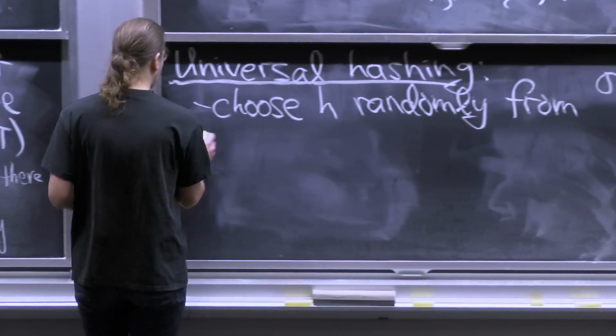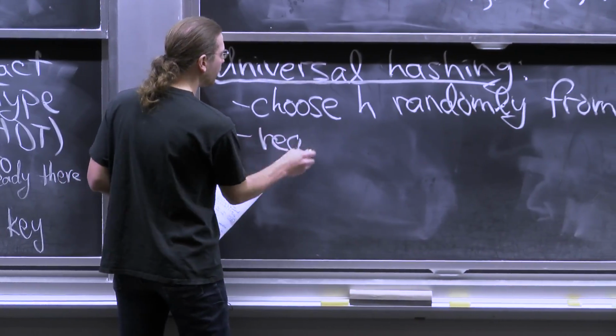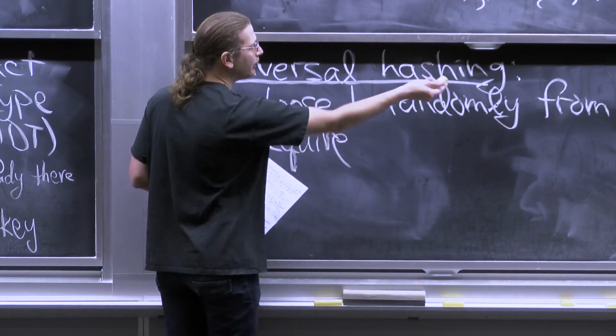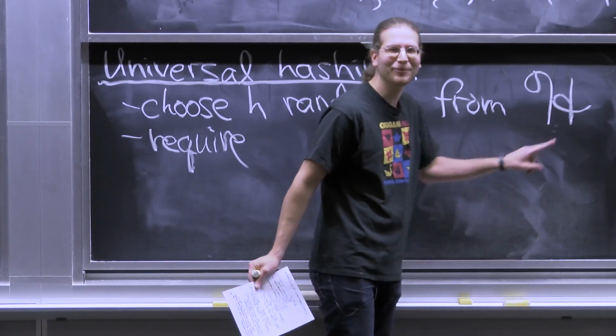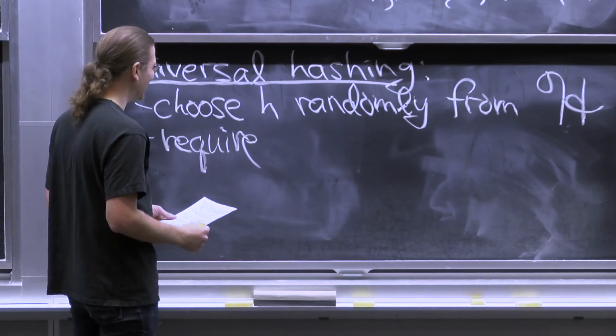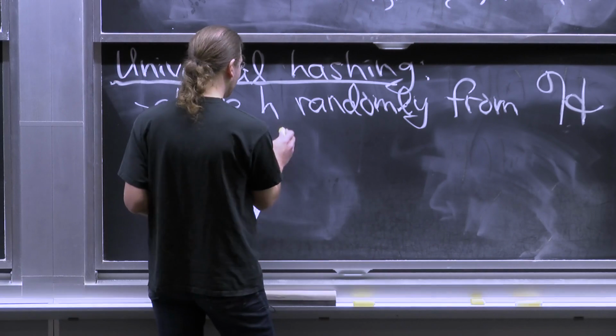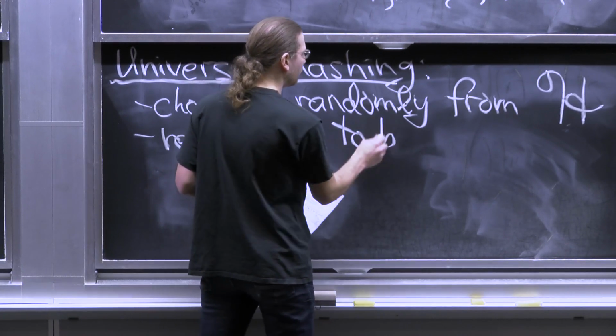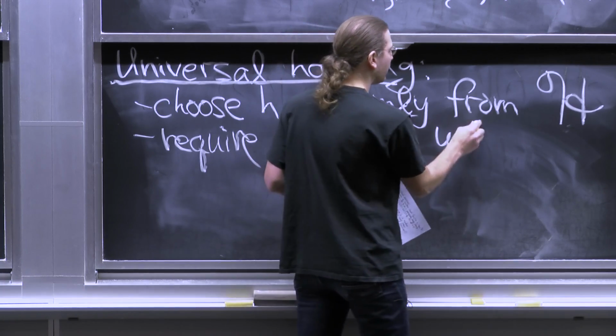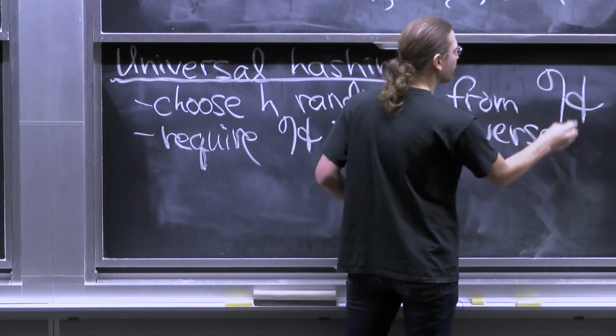So for that to work, we need some assumption about capital H. Maybe it's just a set of one hash function. That wouldn't add much randomness. 2 also would not add much randomness. We need a lot of them. And so we're going to require H to have this property, and we're going to call it the property universality.